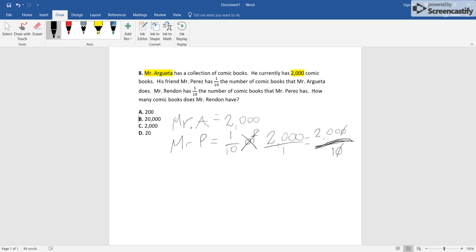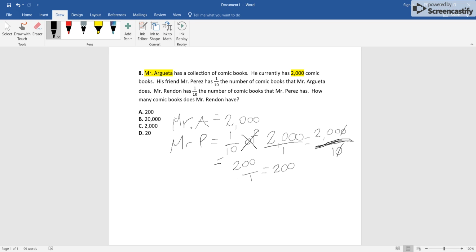And I'm left with 200 divided by 1. Right? But 200 or anything divided by 1 will still be anything. So 200 divided by 1 is still 200. So Mr. P or Mr. Perez has 200 comic books.